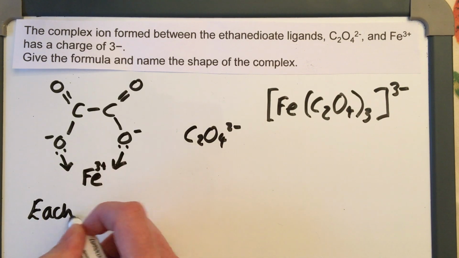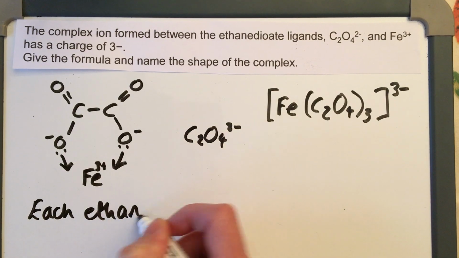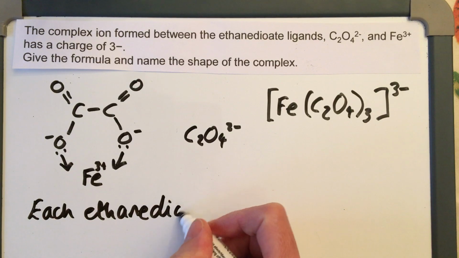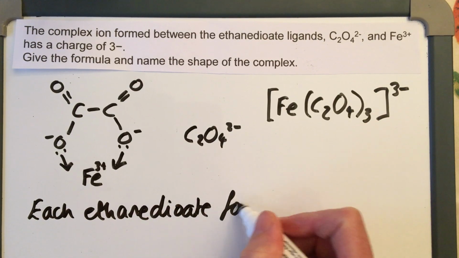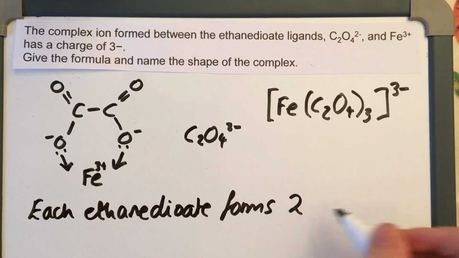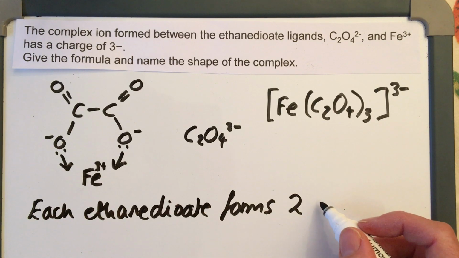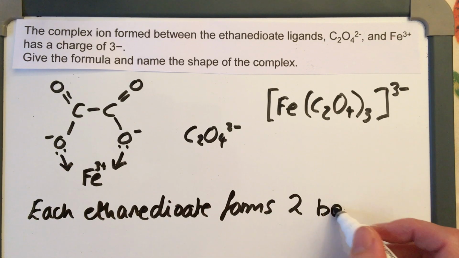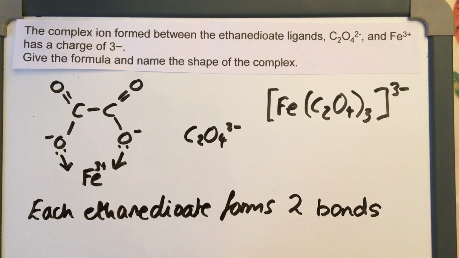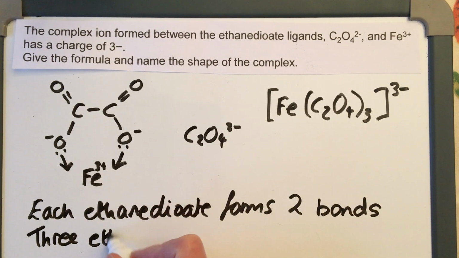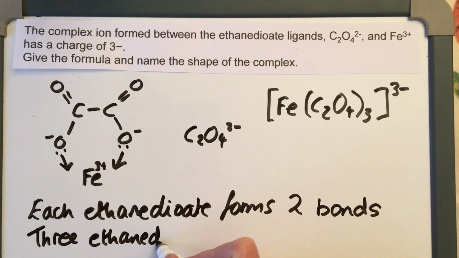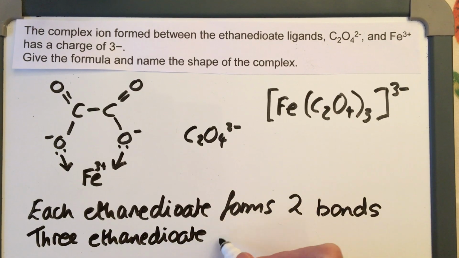So each ethanedioate forms 2 bonds to the iron 3+, and there are 3 ethanedioate ligands.